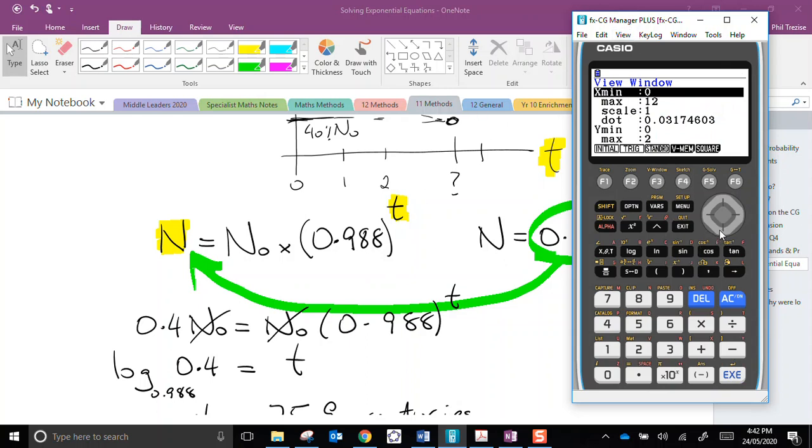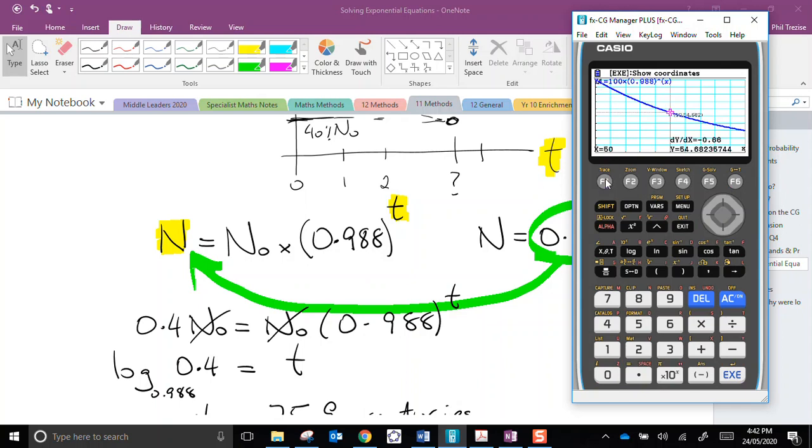We thought that we were going to have to go across to about 76. Let's go across to 100 and we'll jump up in steps of 10. Well, y maximum, I said there was 100 atoms to start with, and let's jump that one up in steps of 10 as well. Now we should see something. Look at that, there we go. So this is my 100 atoms. This is 1 century later.